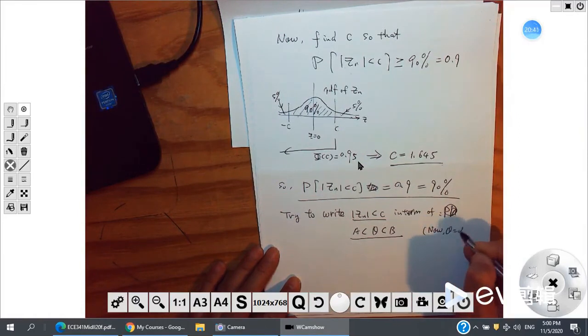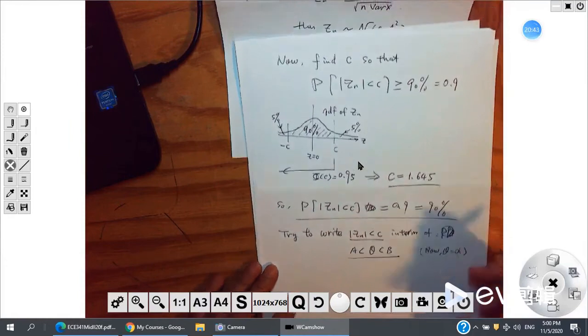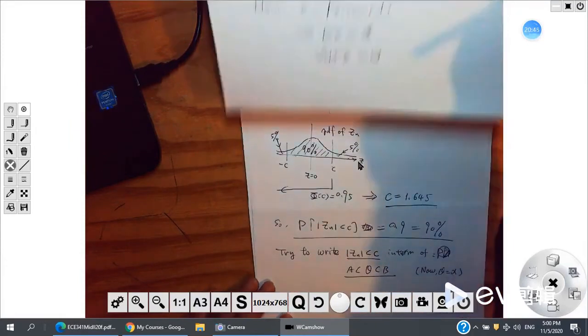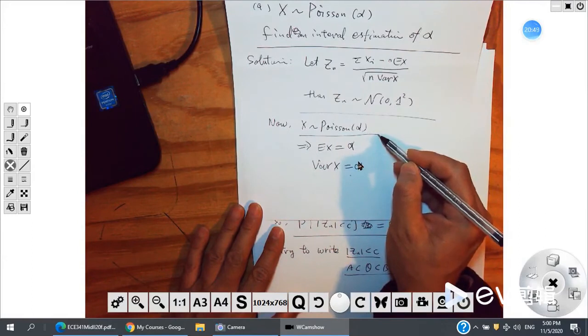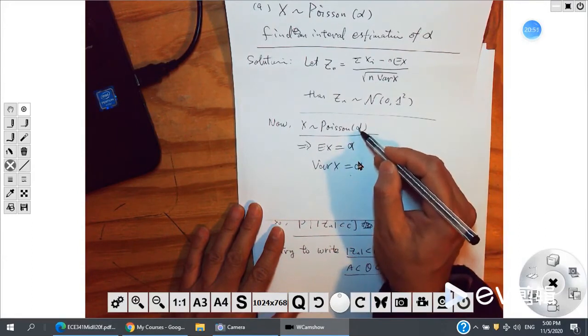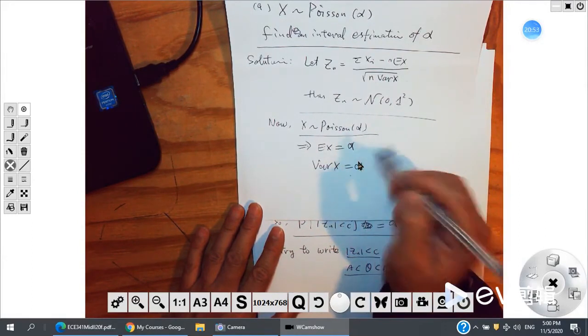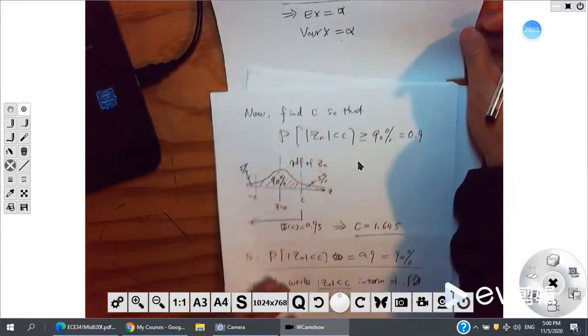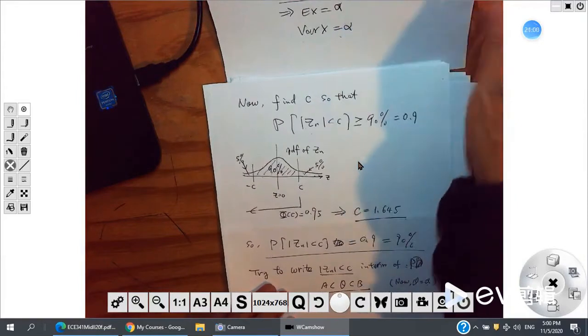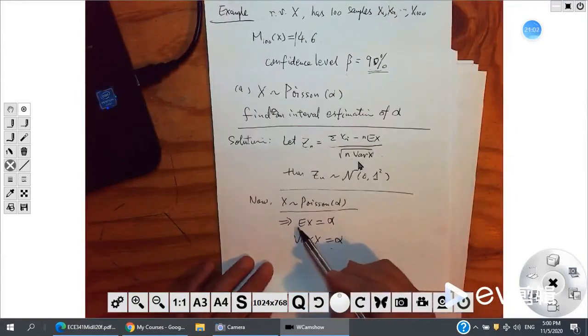Now the parameter is alpha. We want to estimate alpha, right? For this example, X is a Poisson distribution with parameter alpha. Then we want to estimate this alpha. Then we can plug in, because we have these two numbers. E of X is alpha, and variance of X is also alpha.